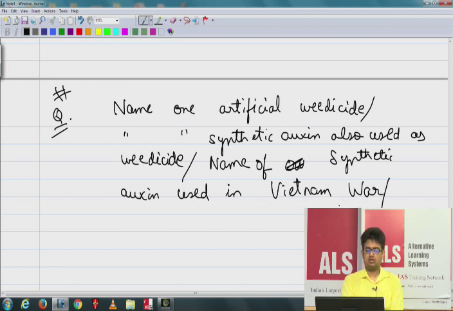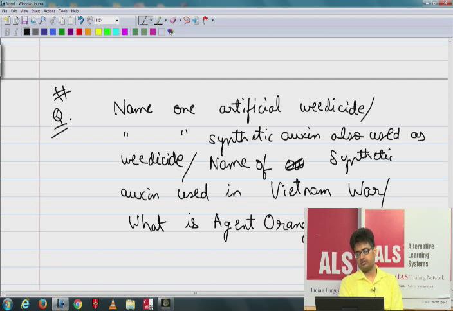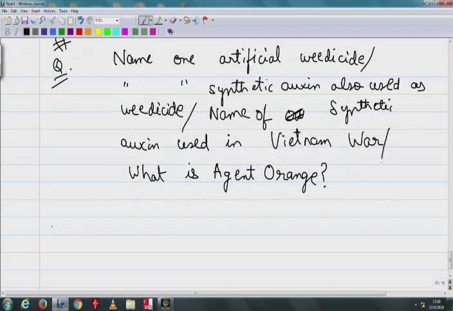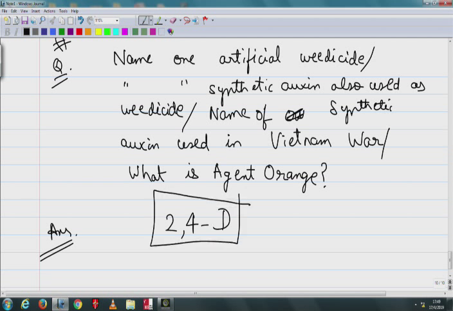Or what is Agent Orange? The answer to all these questions is one word. What is Agent Orange? So many questions from just one part, which is called 2,4-D. This is the name of the chemical.